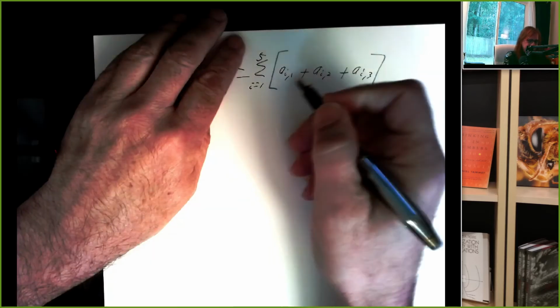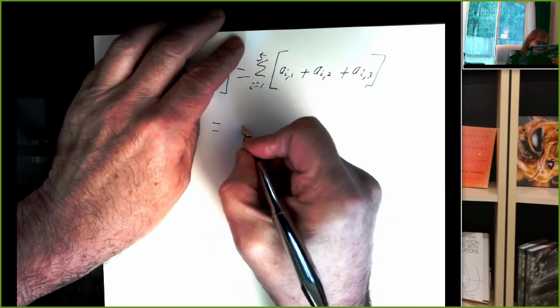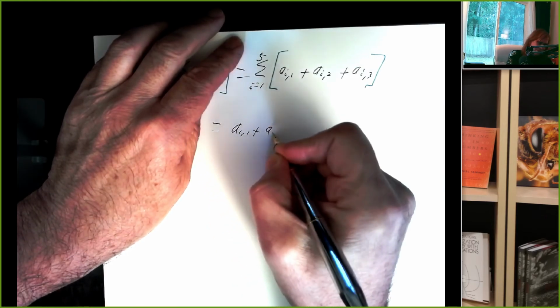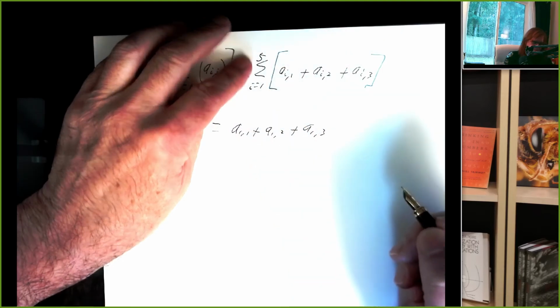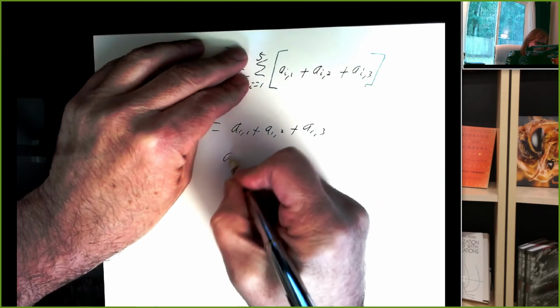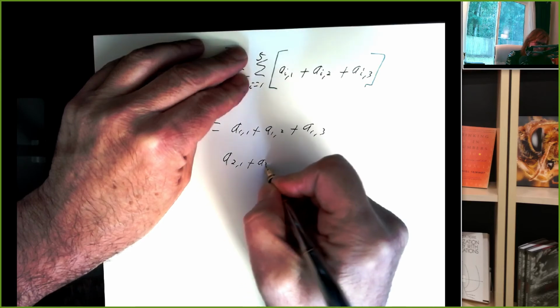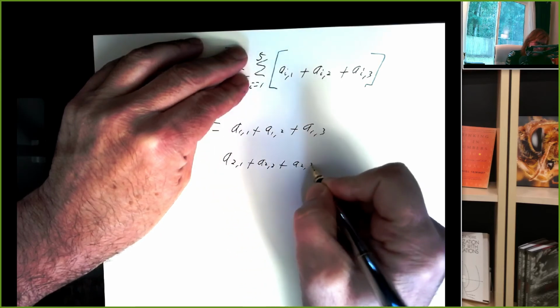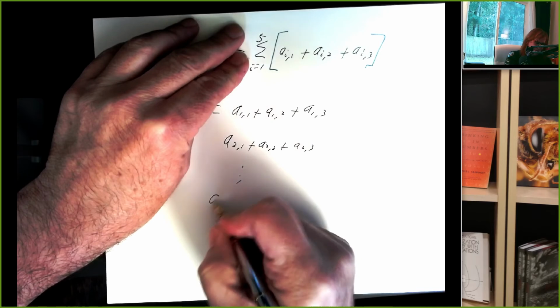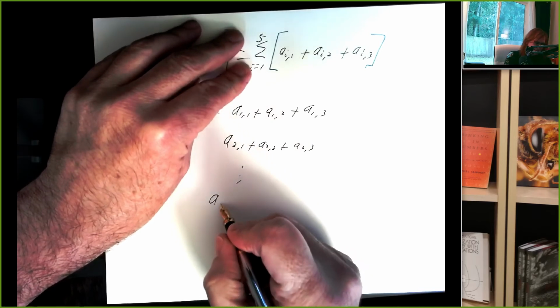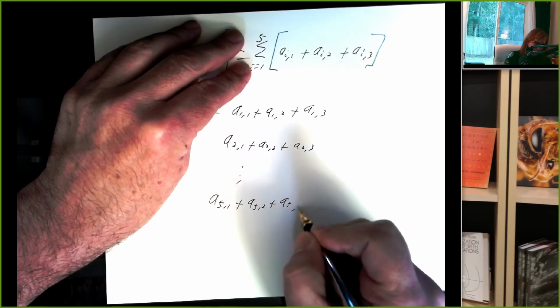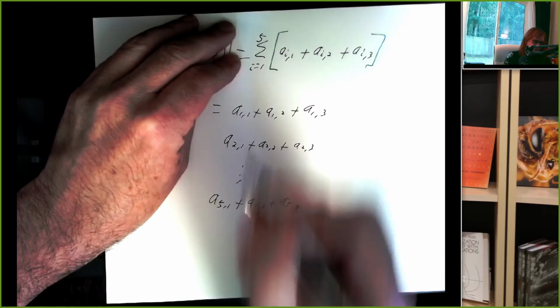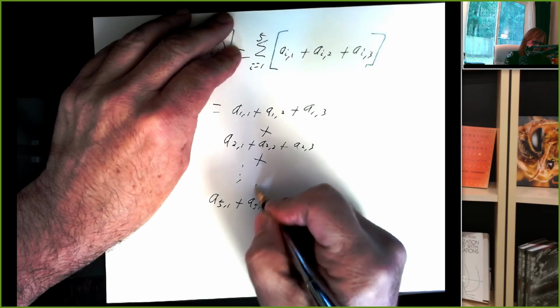It basically means set i equal to 1. So this is going to be a1 comma 1 plus a1 comma 2 plus a1 comma 3. And then set i equal to 2, and so on until you get to i equal to 5. And then because we have this summation, add all of those together.